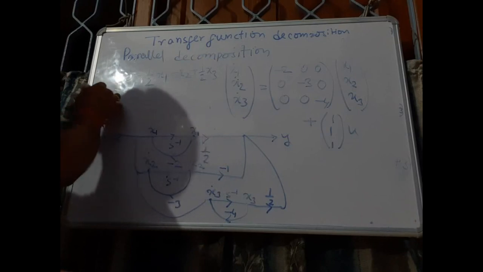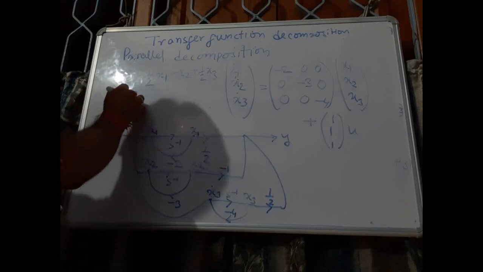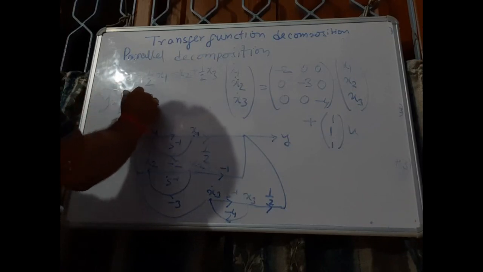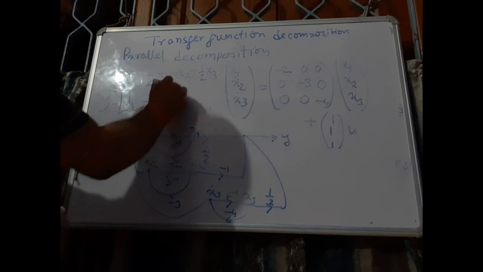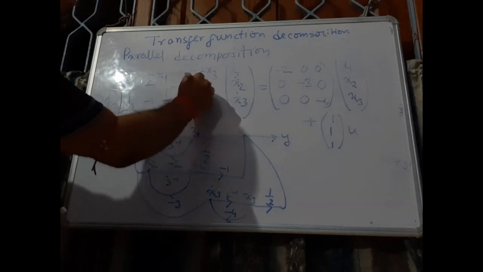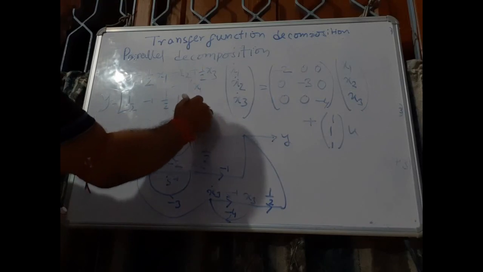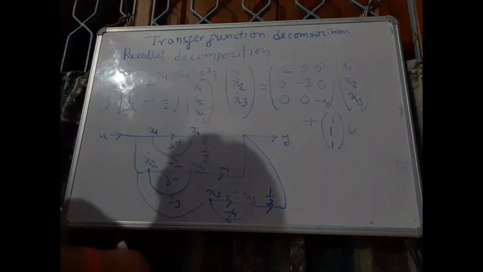So this can be written as y equals half, minus 1, half into our x matrix x1, x2, x3, right?